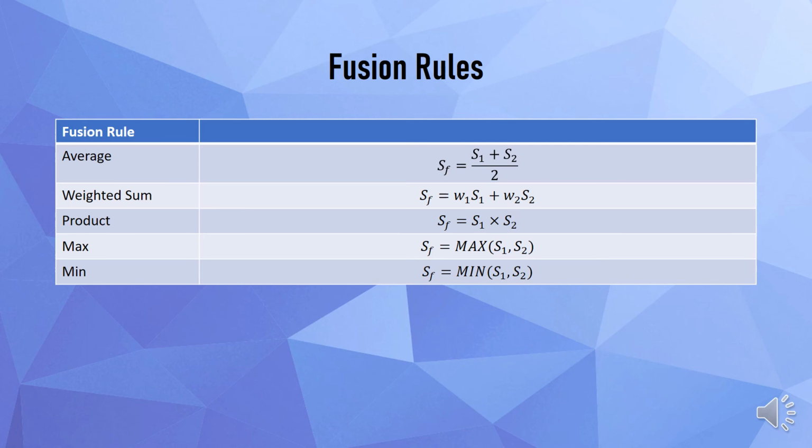These are the fusion rules that we have: averaging, weighted sum, product, max, and mean. In this case, we use the averaging and max fusion rule. Different combinations can be studied in order to get the best fusion rule for our application.